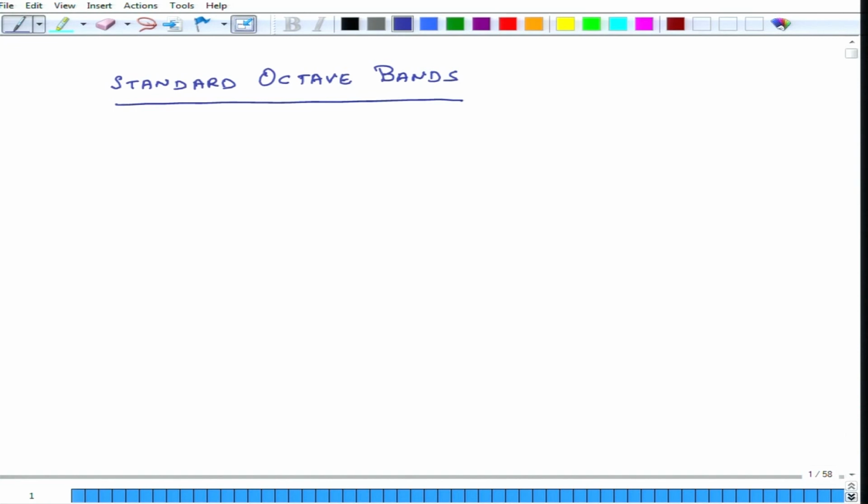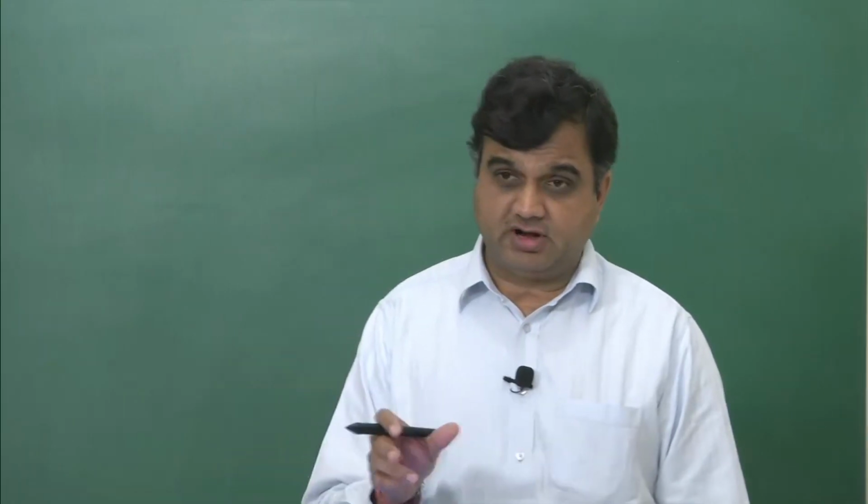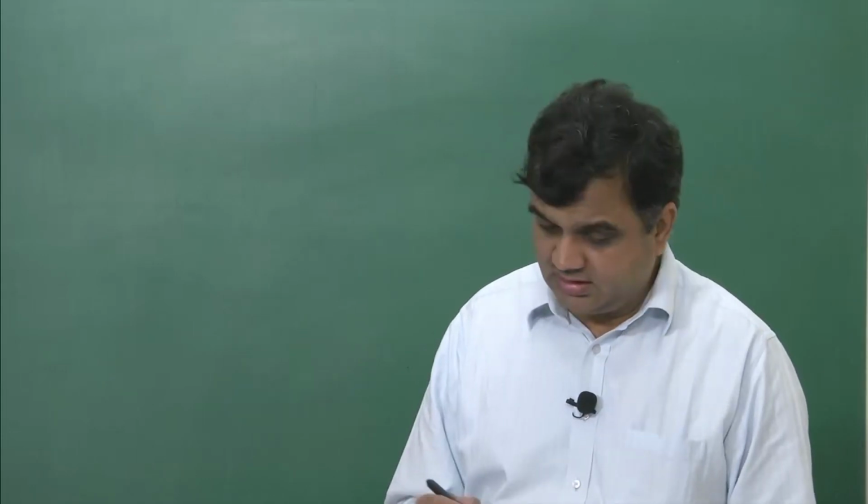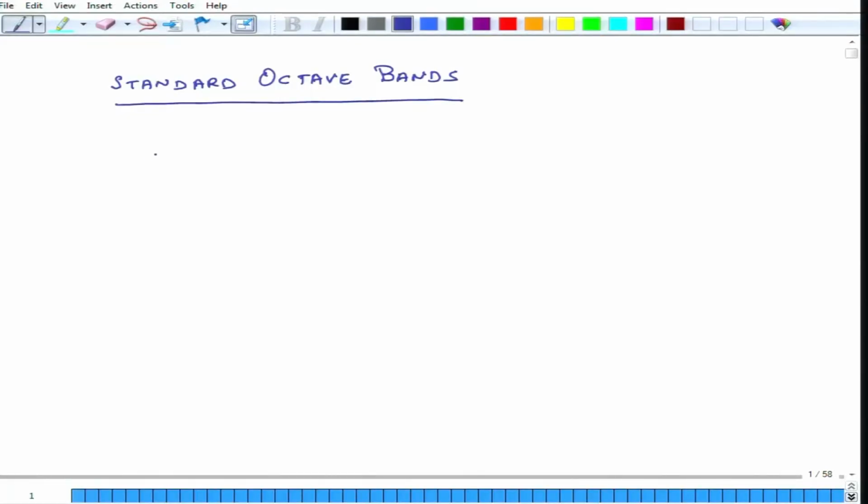So way back in this course we had defined what an octave is: a band of frequencies where the upper limit and the lower limit are off by a factor of 2. An example of an octave could be 2 hertz to 4 hertz. Another example could be 330 hertz to 660 hertz.